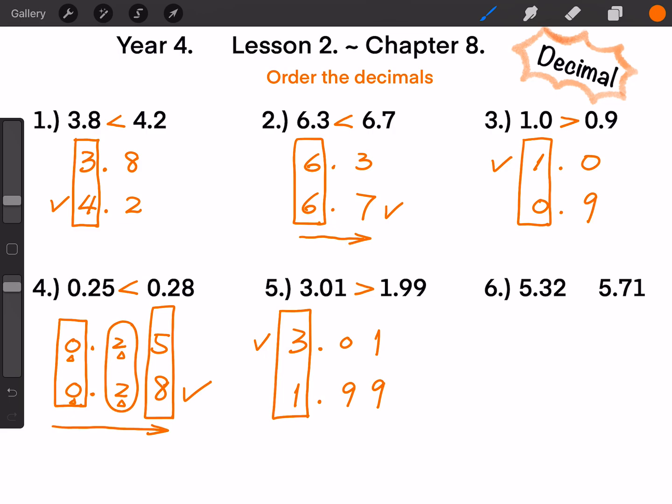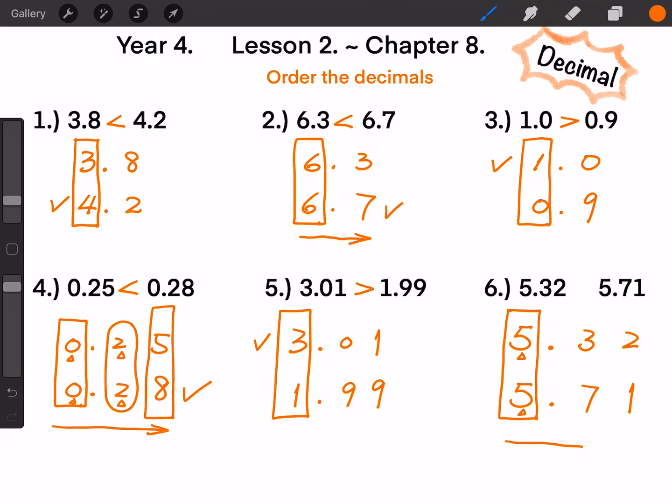Group 6, 5.32 and 5.71. On the most left position, the one-digit position, we got the same number, 5 and 5.